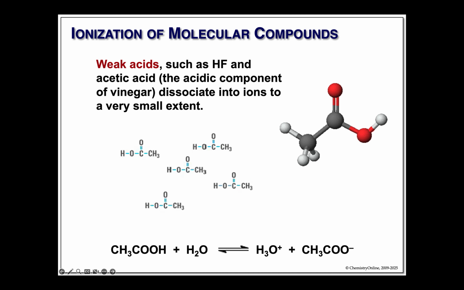For a weak acid, HF turns out to be a weak acid. The equilibrium is going to be such that we have mostly unionized starting material and just a little bit of the ionized, a little bit of hydronium. For acetic acid, that's what this is.